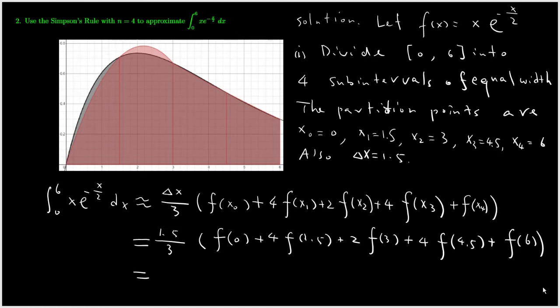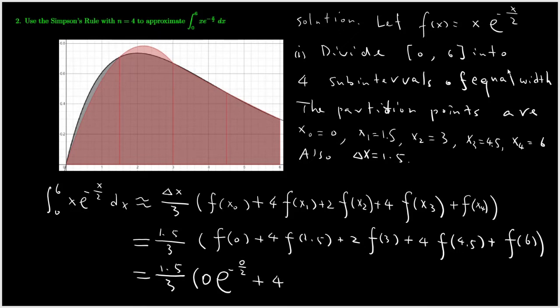Now, for this particular function, we are going to evaluate 1.5 over 3. The value of the function at 0 is, now you look at the function here, x times e to the power of negative half of x. So the value of the function at 0 is equal to 0 times e to the power of negative 0 over 2.